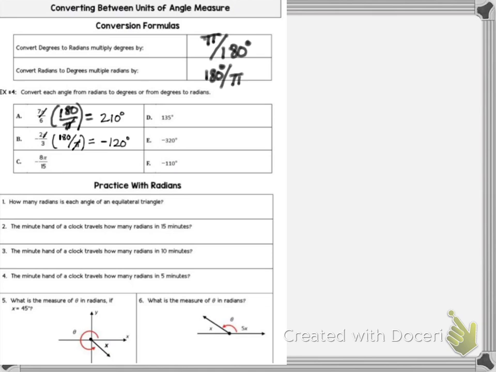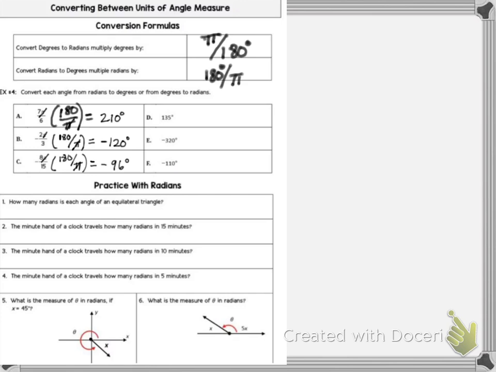All right, then I have negative 8 pi over 15. I'm going to multiply this by 180 over pi. The pi cancels out, so I have negative 8 times 180 divided by 15. It's going to give me negative 96 degrees. Now, I want to convert 135, negative 320, and negative 110 to radian measure.